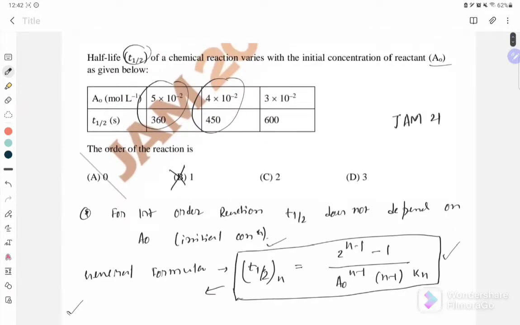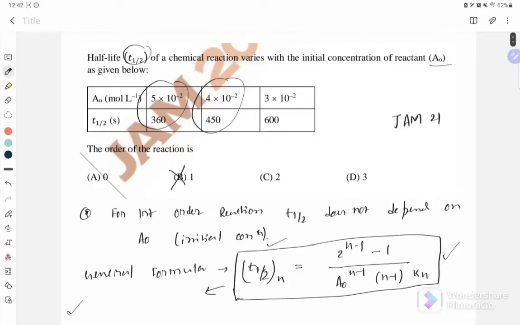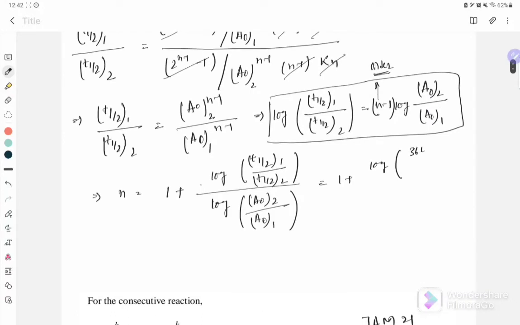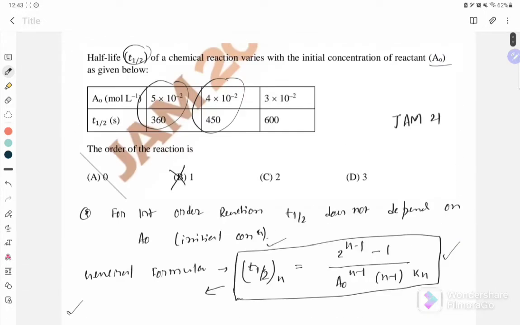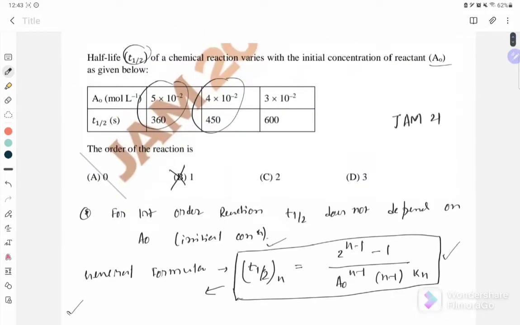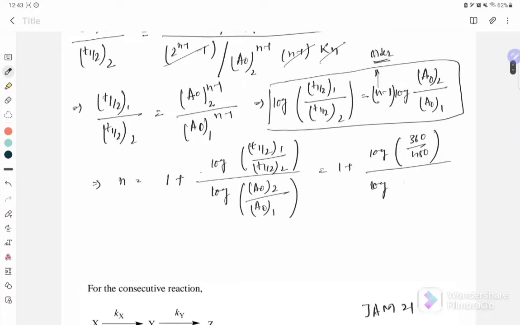T half 1 is 360 and T half 2 is 450, so 360 by 450, which is 4 by 5. The concentration ratio is 4 into 10 to the minus 2 by 5 into 10 to the minus 2, which is also 4 by 5.